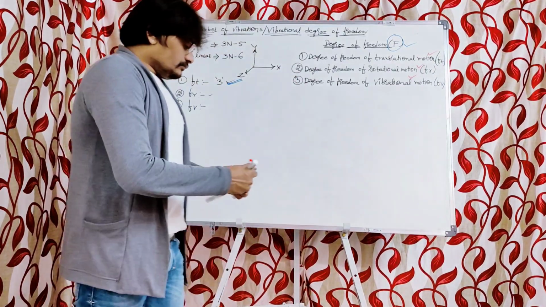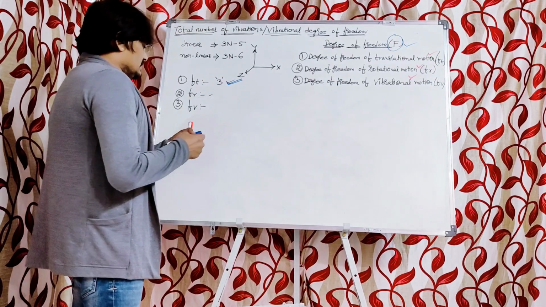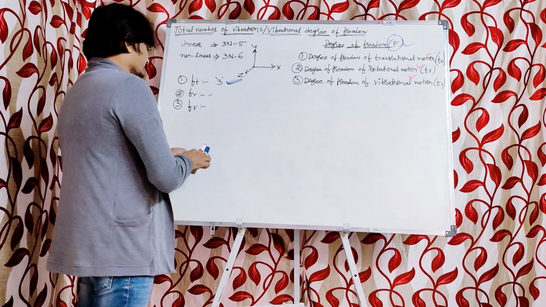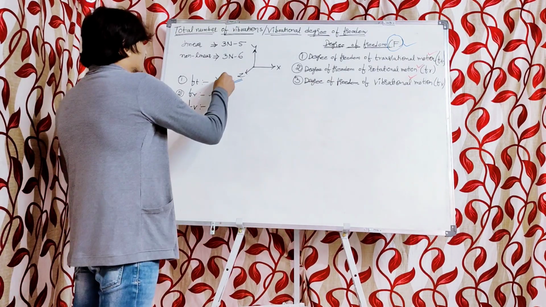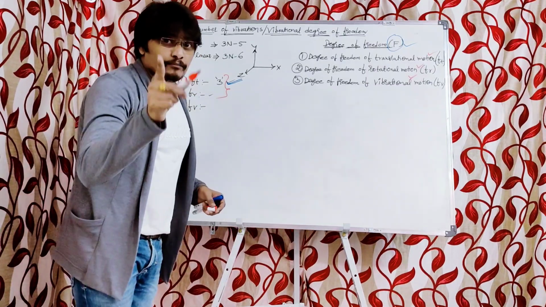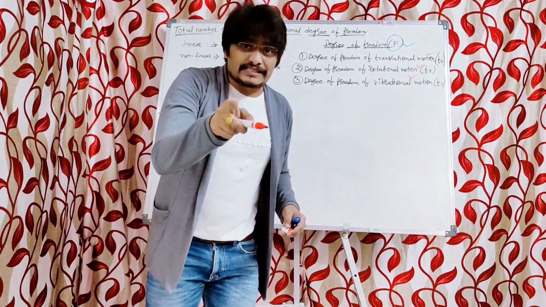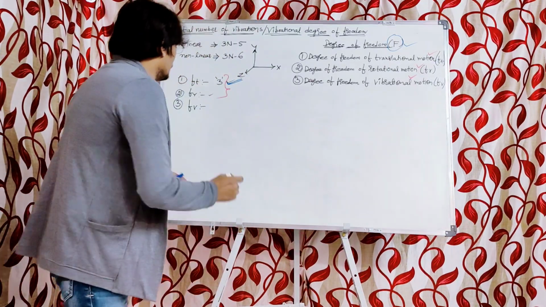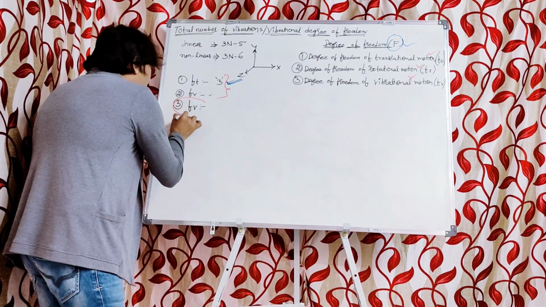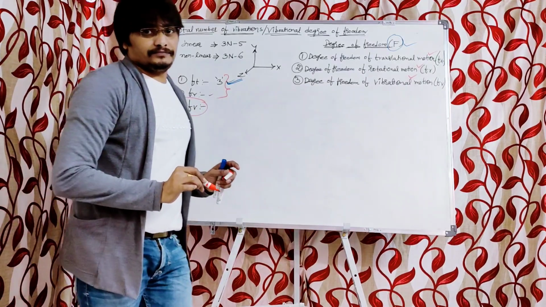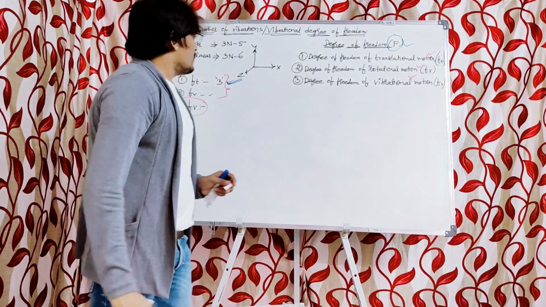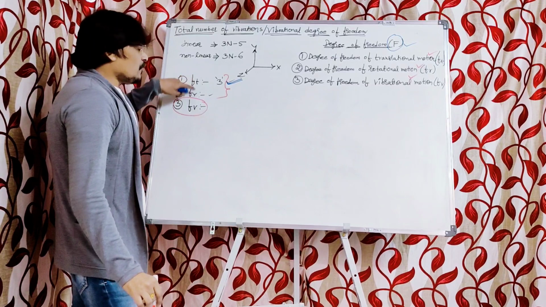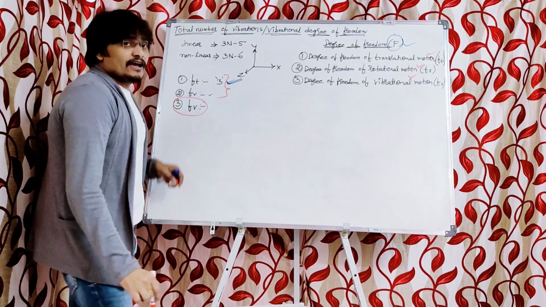Now, we have to discuss Ft and Fr first. Why? Because these are present at ordinary temperature also, while Fv is only produced at high temperature. So first we have to discuss Ft and Fr.